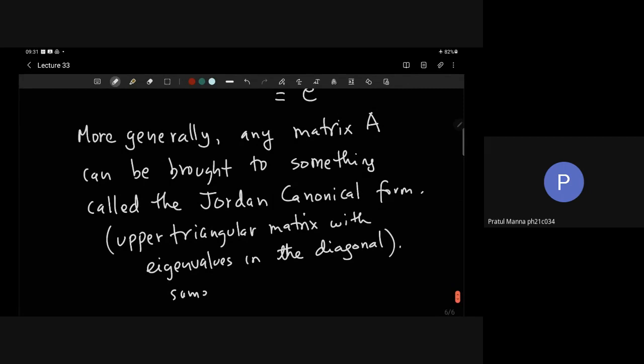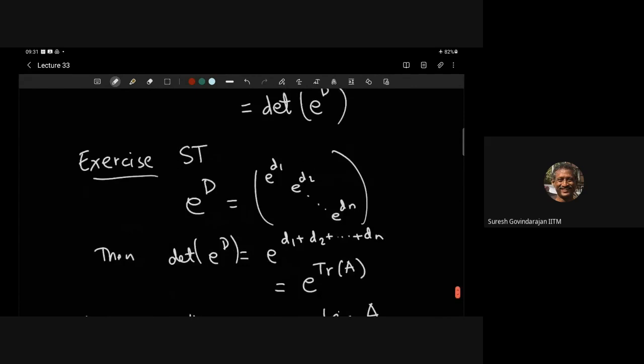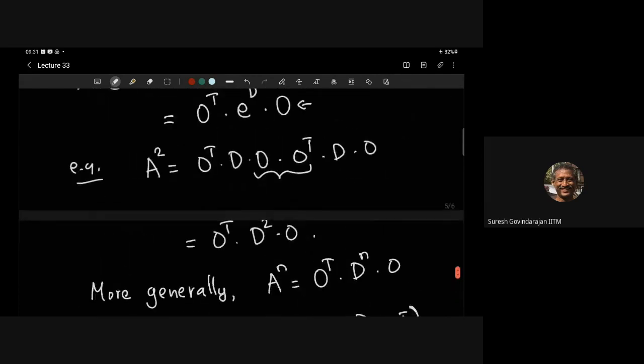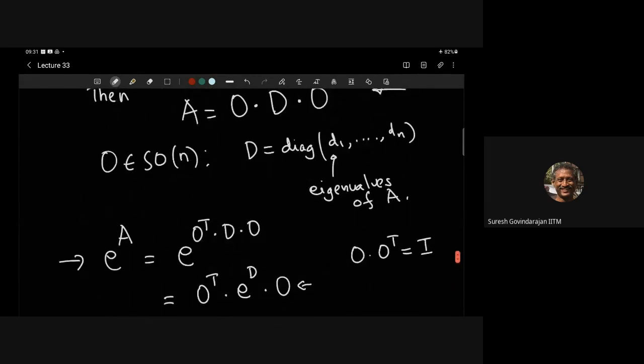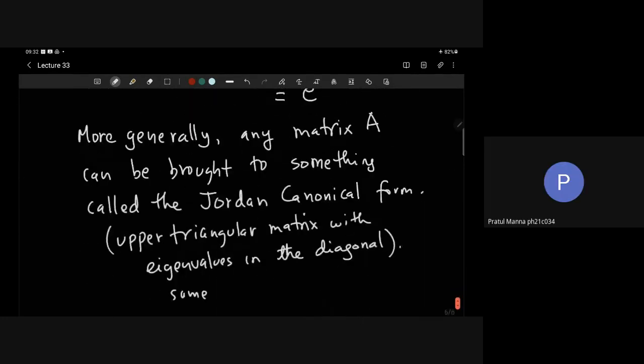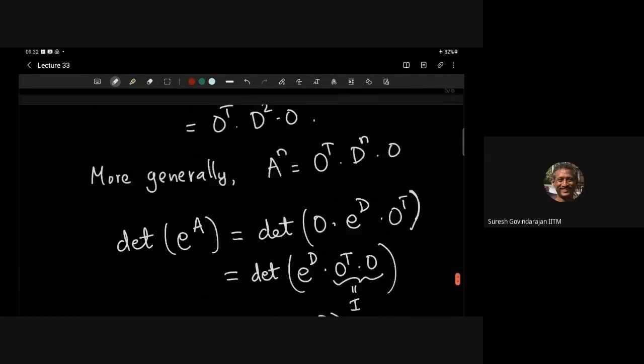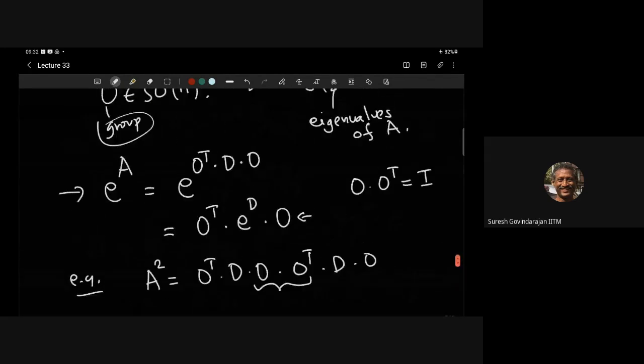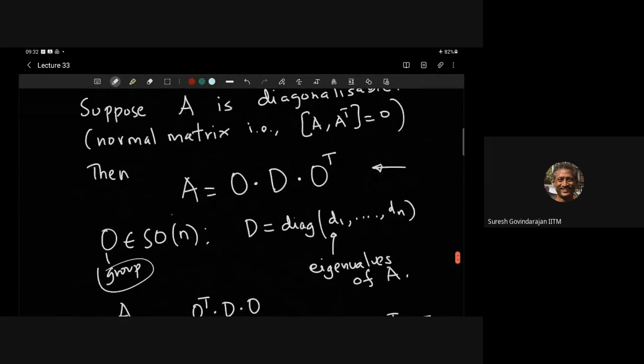Sir, does the O matrix belong to capital SO(N) or small so(N)? Capital SO(N). This is the group element. But sir, A is related to O, and we are writing A... A is not related to O, in the sense that, here's how I defined it.